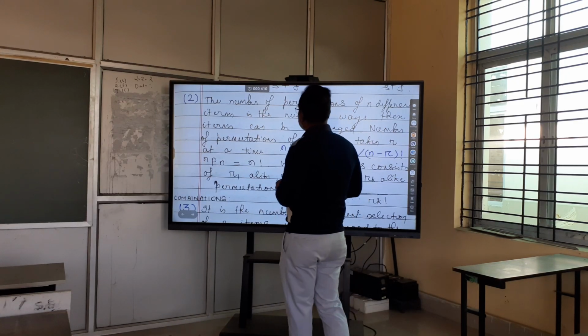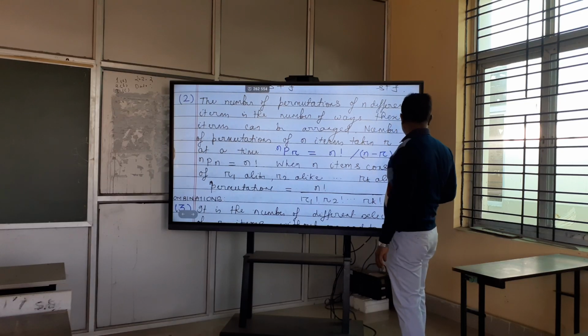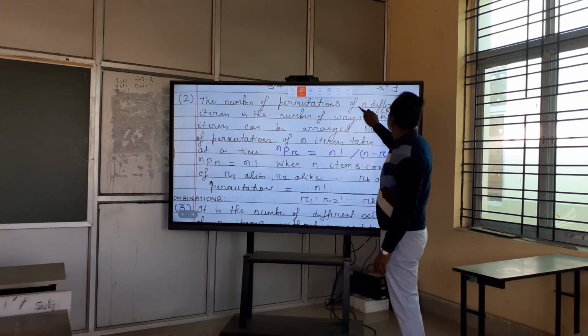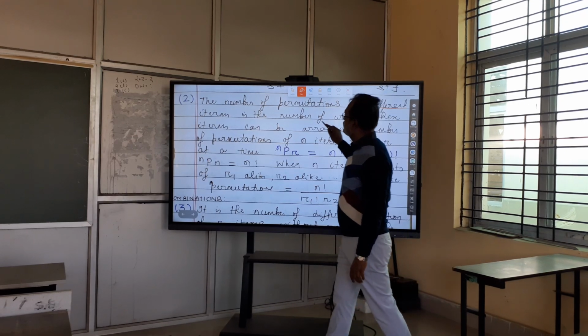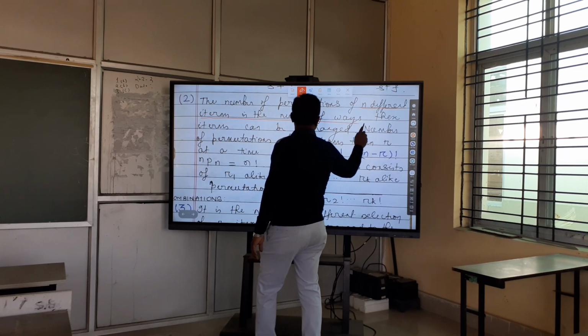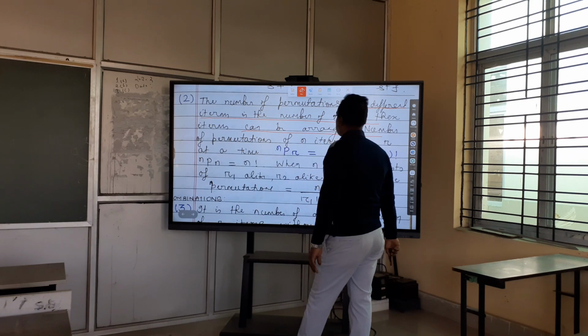The number of permutations of n different items is the number of ways these items can be arranged.